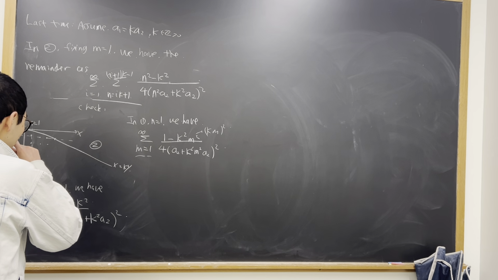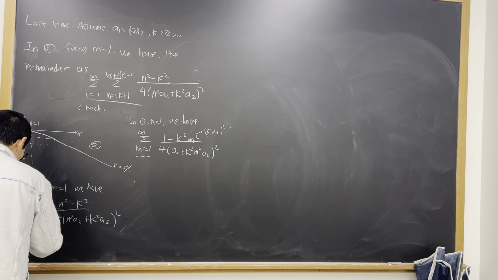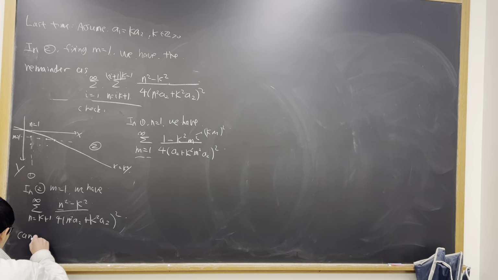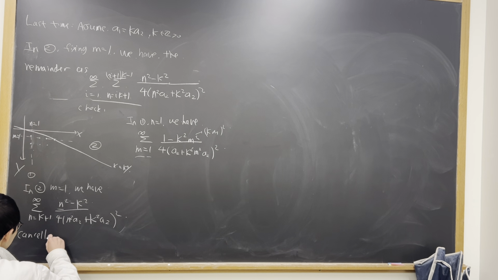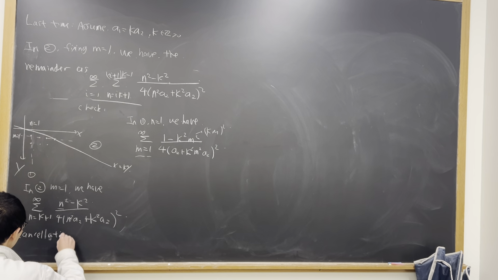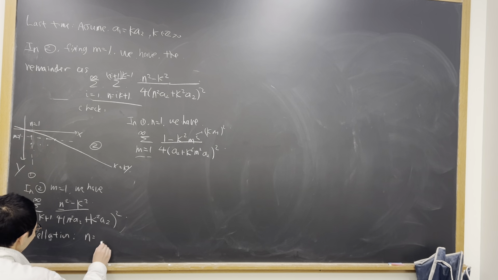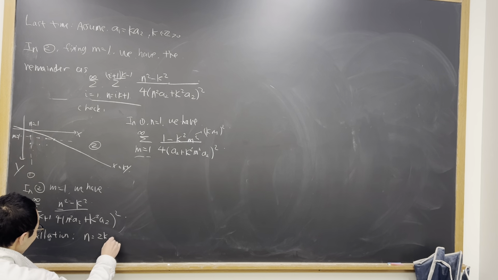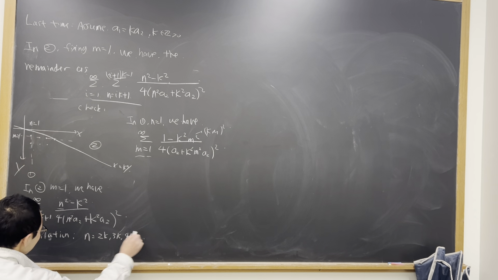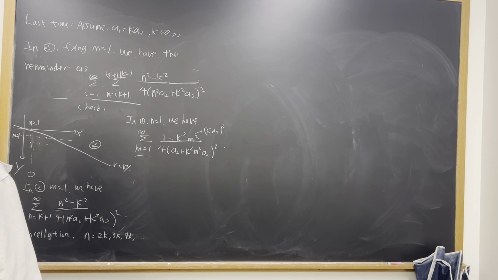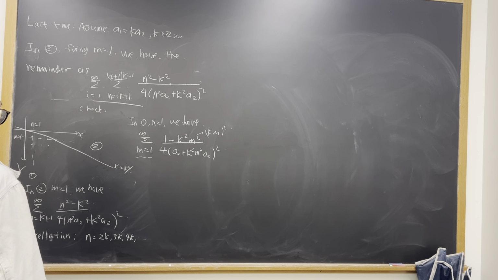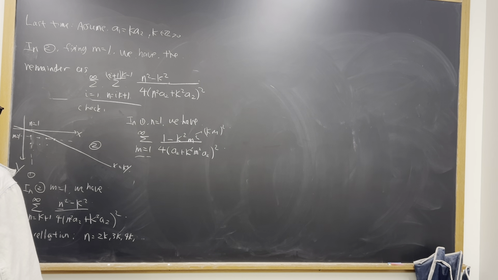So the things that cancel out should be, cancellation happens exactly where n starts at 2, so 2k, 3k, 4k, etc. Wait, n equal to 1.